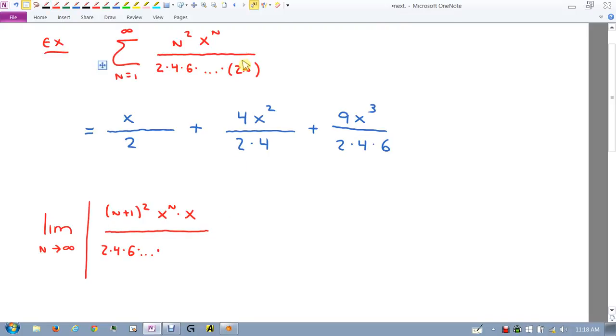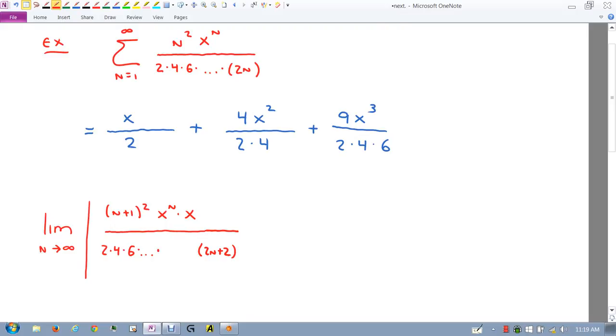So replace this n with n plus 1, the 2 would distribute through it, wouldn't it? So it'd actually become 2n plus 2. So the last one I'm going to have is 2n plus 2, wouldn't it be?